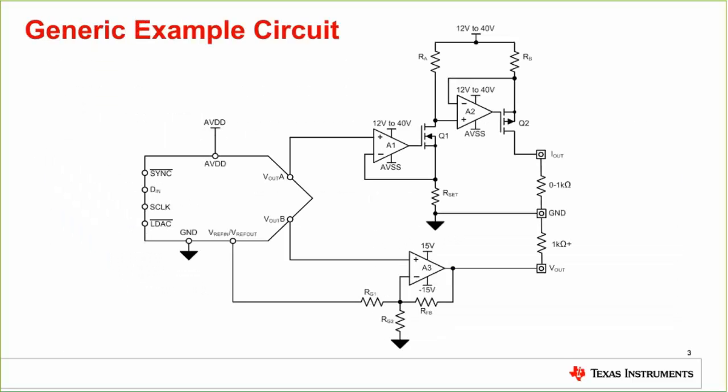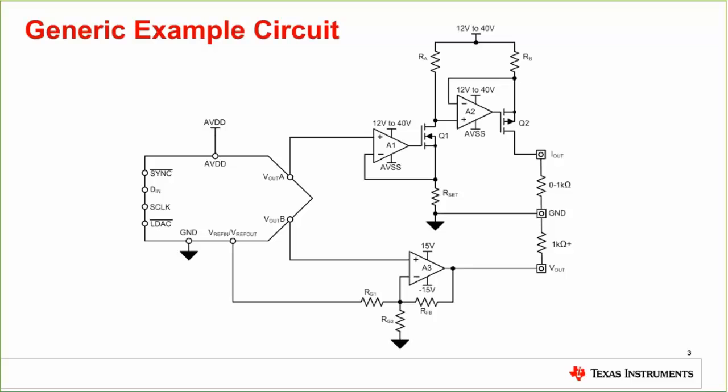So this slide shows pretty conventional circuitry utilized in order to realize both current and voltage output for these systems. For the current output side, which you see on the top of the circuit, we have this so-called two-stage high-side voltage to current converter.